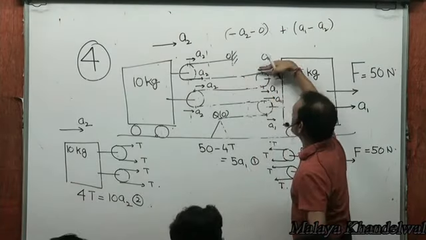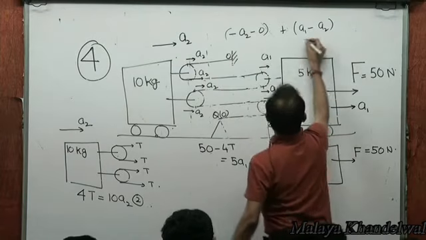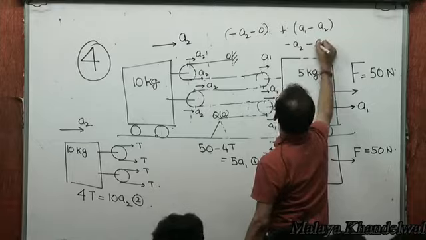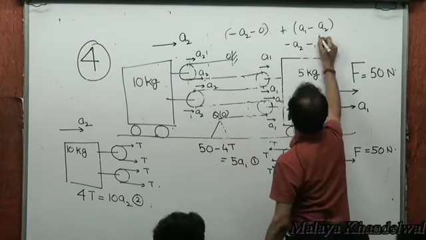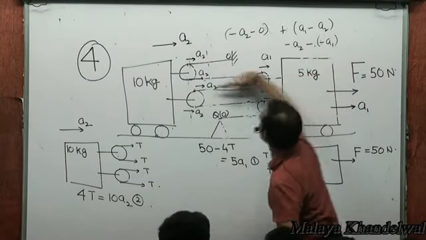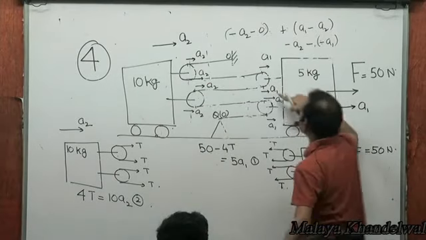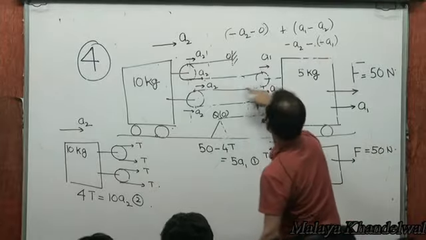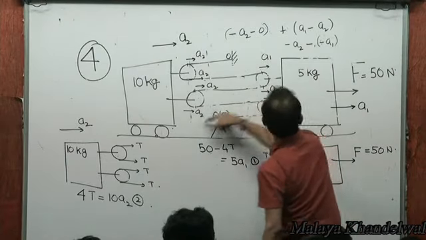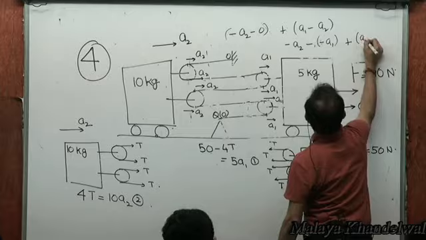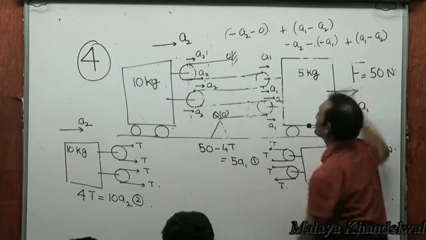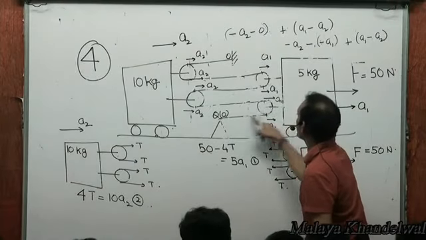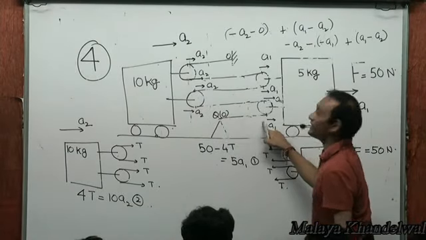Then I go from here to here: minus A2, minus of minus A1, that is, minus A2 plus A1. Yes or no? Then from here to here, A1 minus A2. Then from here to here, 0 minus minus A1.